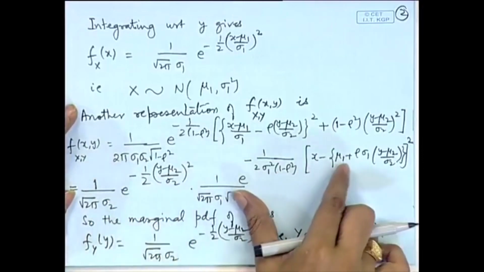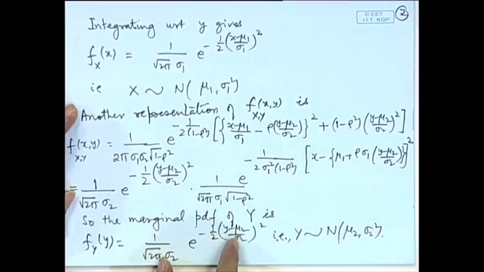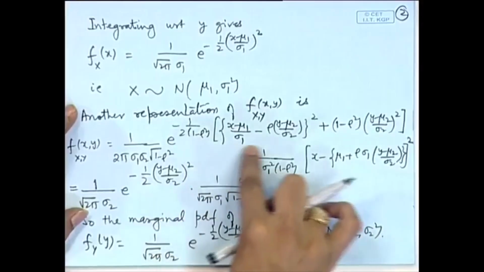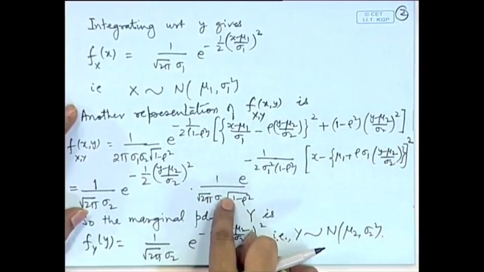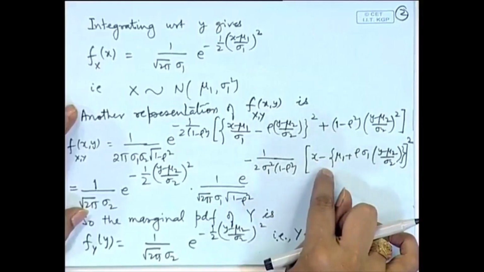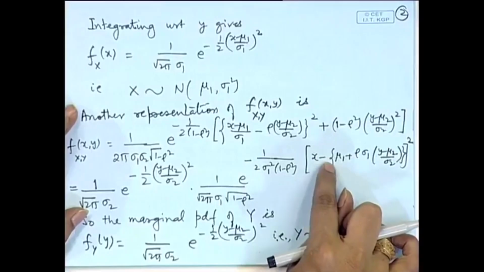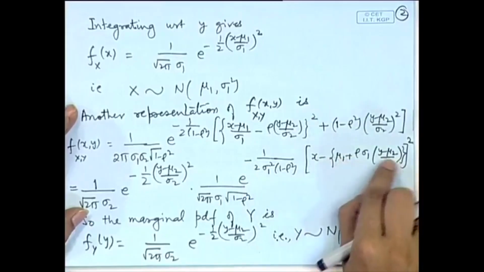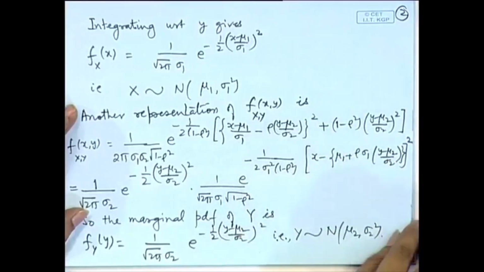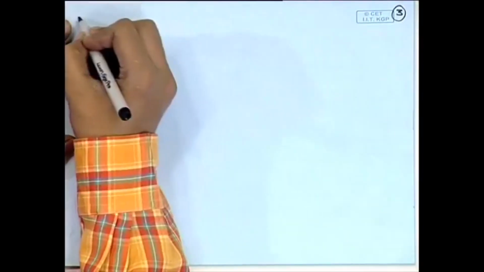Now, from this breakup we can see that if we divide by the marginal of y, this term gets cancelled out and we are left with this particular term, which is nothing but the normal distribution. This proves that the conditional distribution of x given y is normal and the mean and the variance are specified here.